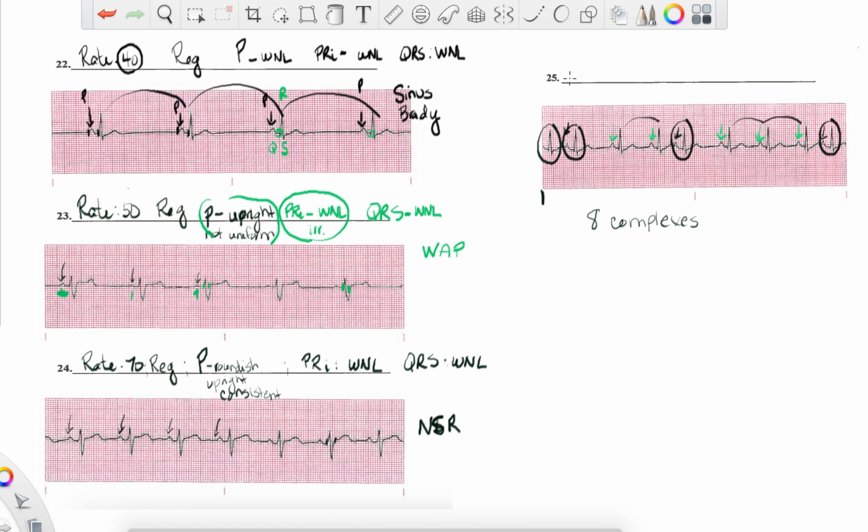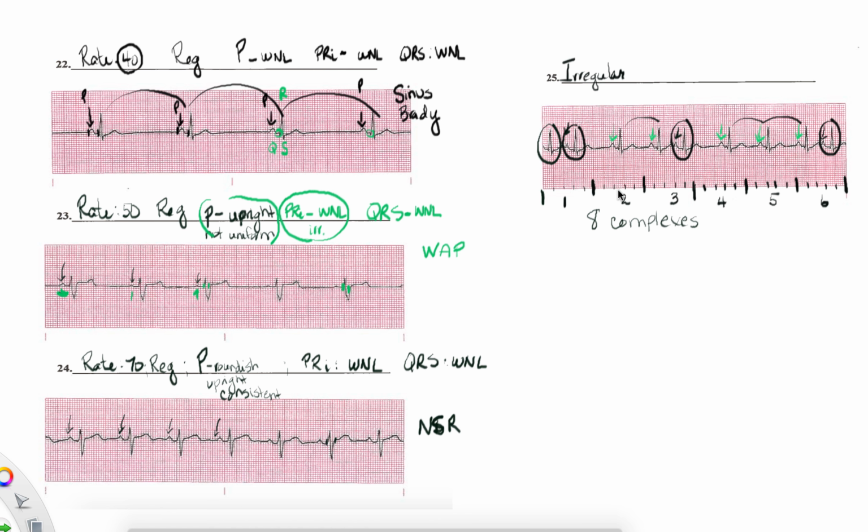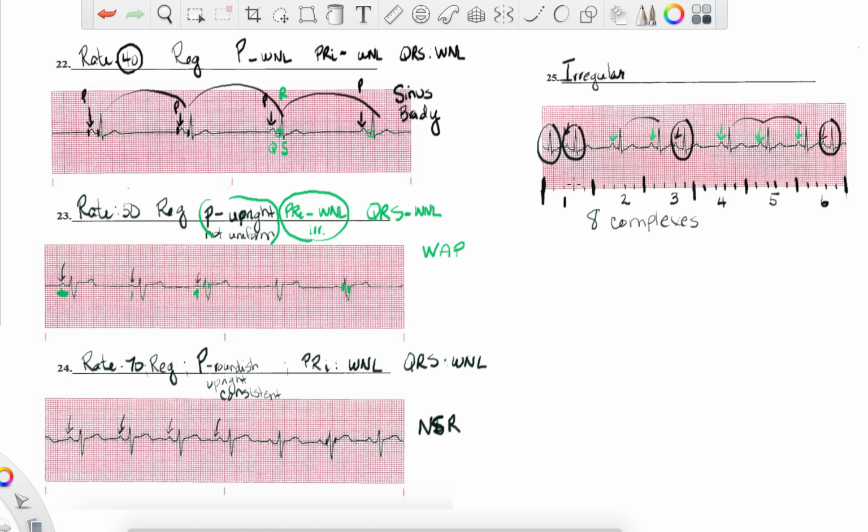So it's irregular, because of these premature complexes. So I marked this up because I want you to see that each number here represents a second in time, so that these boxes in between denote the entirety of that 1 second.